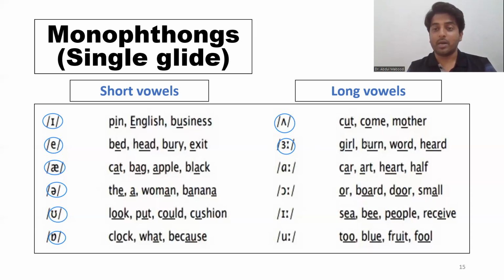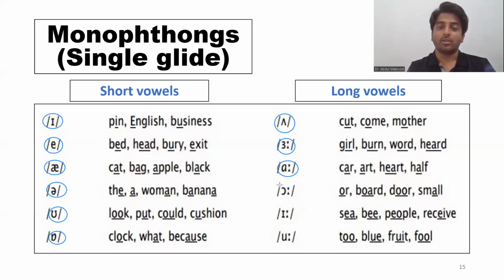Next one is again a bit wider than the earlier two, wider and bigger also: car, art, heart, half.